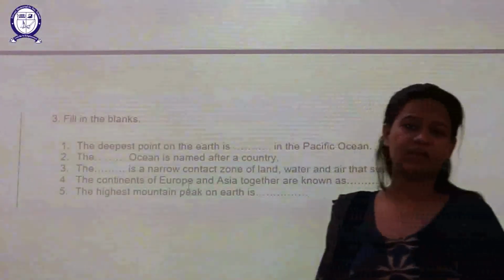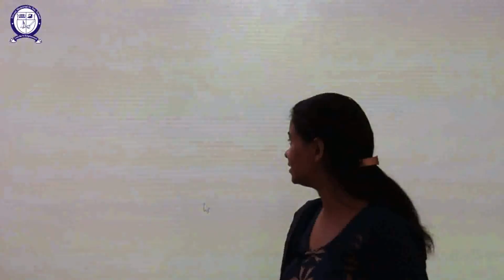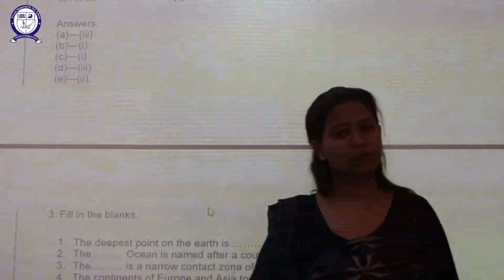Then the highest mountain peak, that is Mount Everest. We have already discussed all these points in our chapter, and that's it about our chapter.